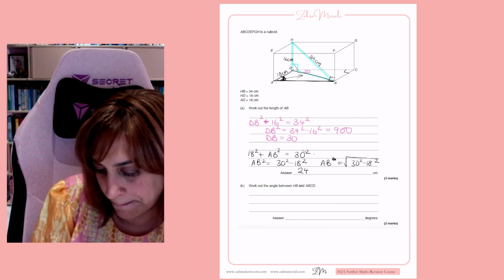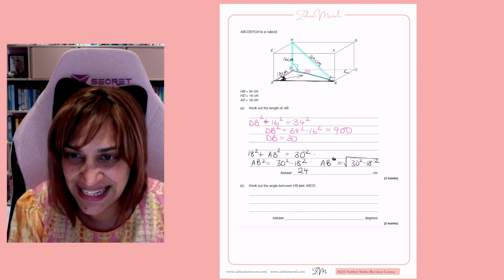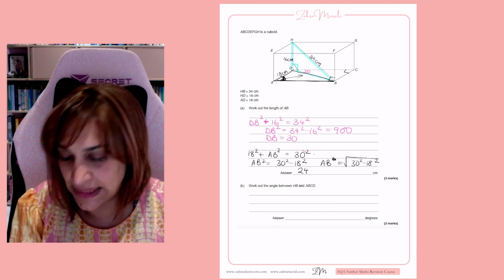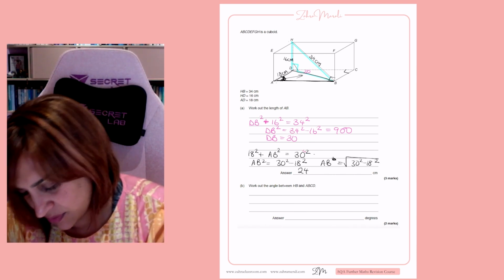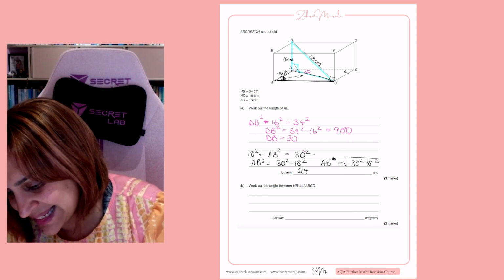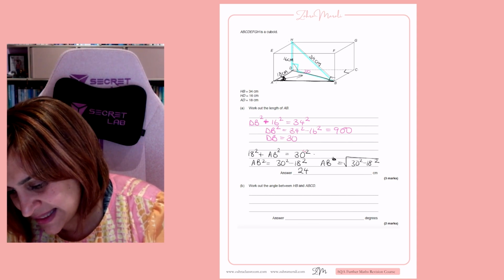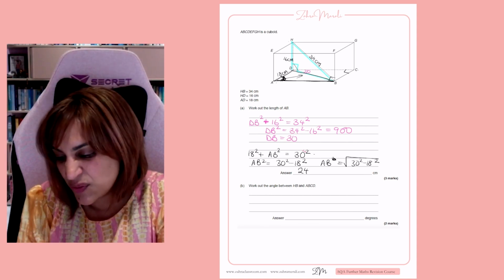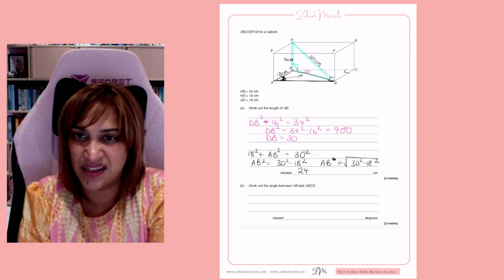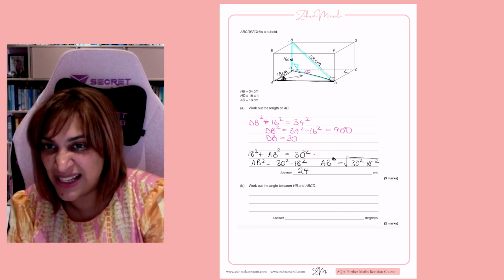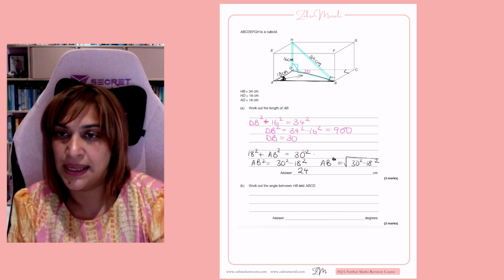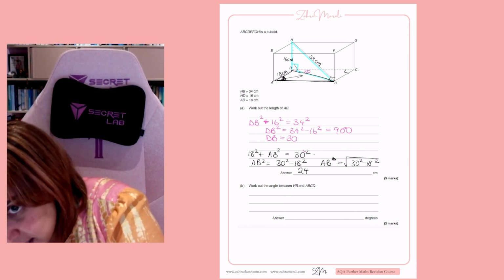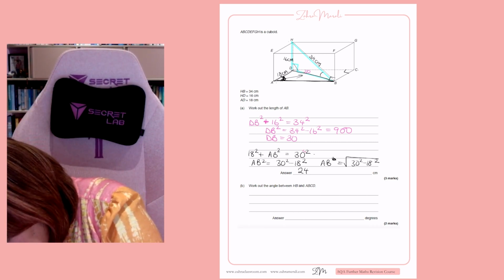Right, next one. We're going to work out the angle between HB, which is drawn there, and ABCD. Now the nice thing is they've drawn you the triangle essentially. So the angle that you're looking for is this angle over here.